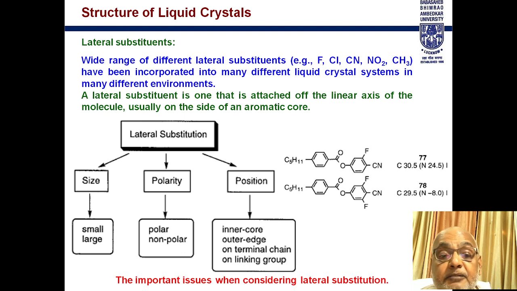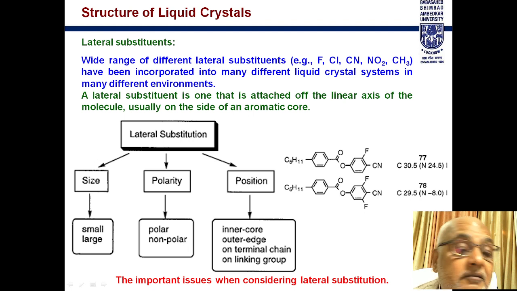Then the lateral substitution. A wide range of different lateral substitutions like fluorine, cyano, NO2, CH3 have been incorporated into many different liquid crystal systems in many different amounts. The lateral substitution is one that is attached off the linear axis of the molecule, usually on the sides.